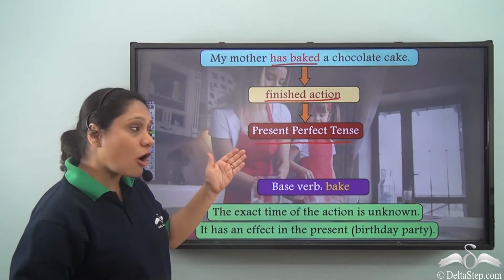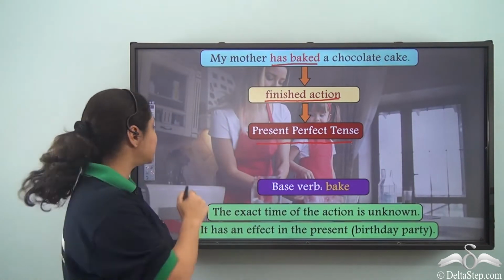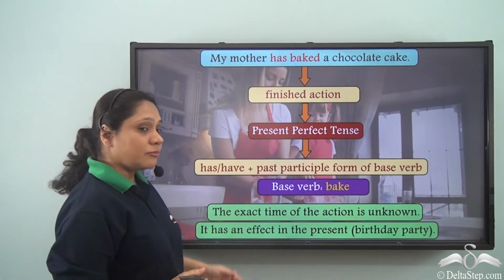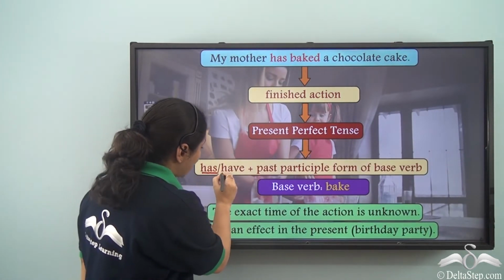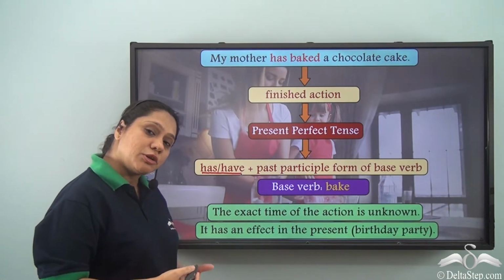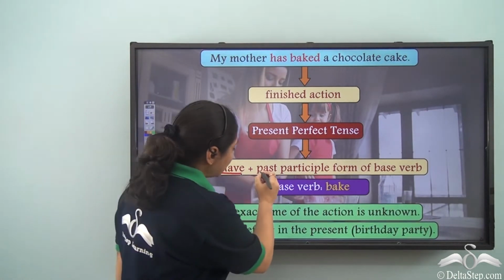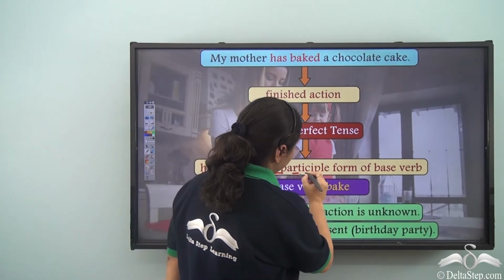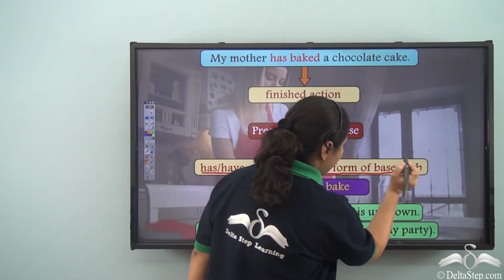And how do we form the verb in the present perfect tense? We use has or have depending on whether the noun or pronoun is singular or plural, and we use the past participle form of the base verb.